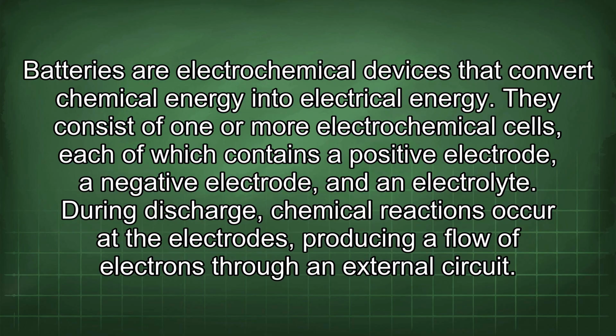Batteries are electrochemical devices that convert chemical energy into electrical energy. They consist of one or more electrochemical cells, each of which contains a positive electrode, a negative electrode, and an electrolyte. During discharge, chemical reactions occur at the electrodes, producing a flow of electrons through an external circuit.